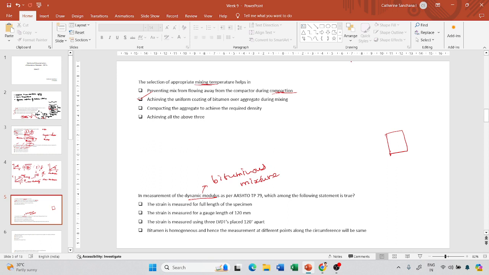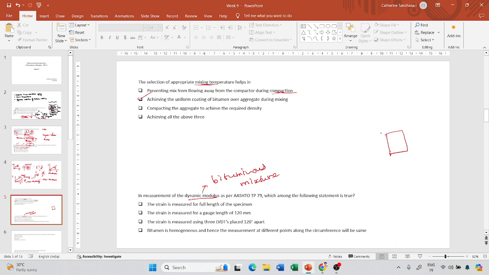From this gyratory compacted specimen, you core out the specimen of the required diameter and height, so it will be a 100 mm diameter and 150 mm height sample. Before that, you should short-term age the mixture.